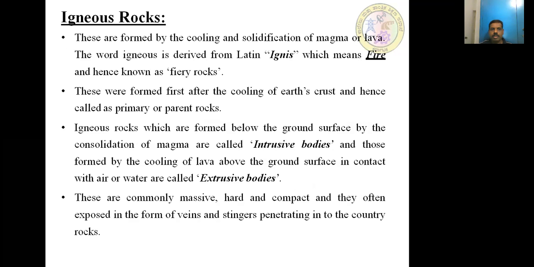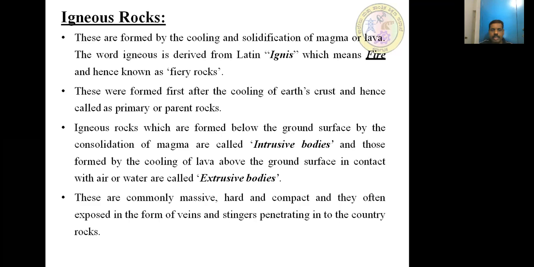Coming to igneous rocks. Igneous rocks are the rocks formed by the cooling and solidification of magma or lava. So this magma is nothing but hot, molten, rocky material which is present below the surface of the earth. When this hot, molten material comes onto the surface of the earth, then we call it lava.